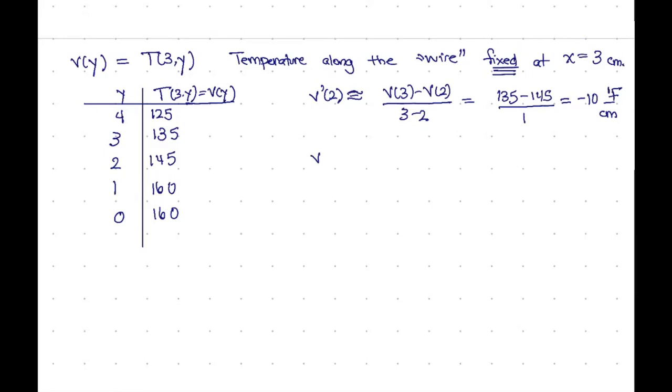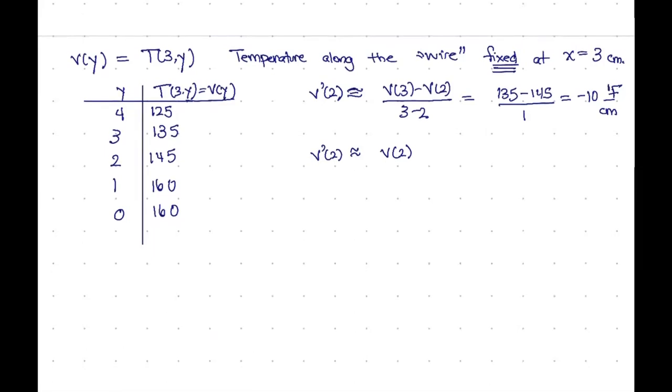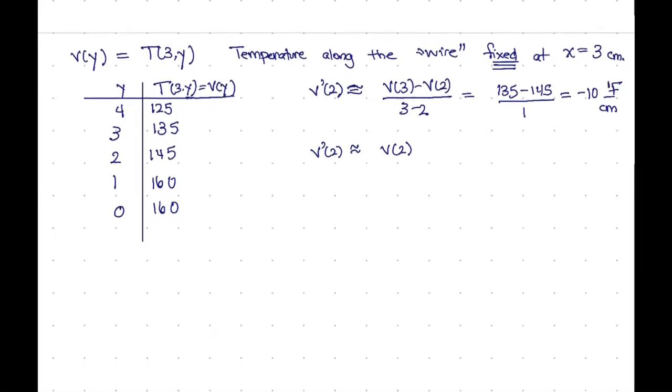We can use the backward difference method as well. This was the forward one, because we went one value ahead, and now we're going to go one value behind. So this is the backward.